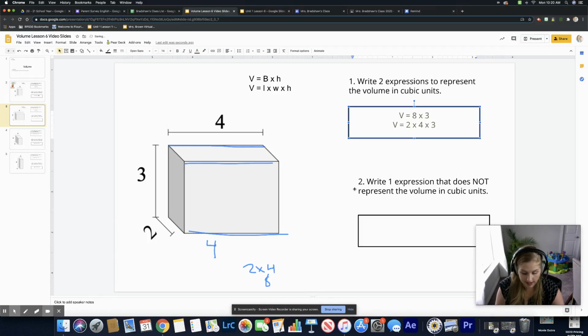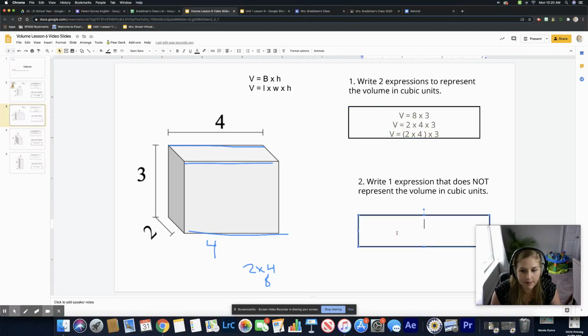Another way you can write it, if you want to get a little bit fancy, is using parentheses, because if you watched the order of operations video before this, you know that you have to solve what is in parentheses first. And so I could put my base in parentheses, so 2 times 4, and then say you have to multiply it by a height of 3. But the first two are all you would need to satisfy number 1.